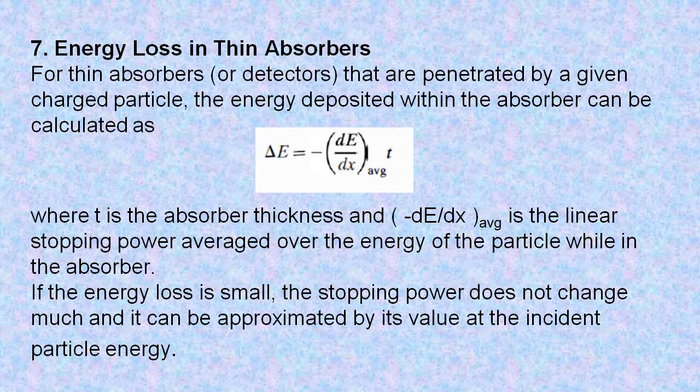So the quantity of energy absorbed in the absorber, or deposited by the charged particle in the absorber, can be calculated using this equation: delta E equals minus dE by dx, this term known to us as the specific energy loss average, times T. That means you will find out what is the average specific energy loss through the material.